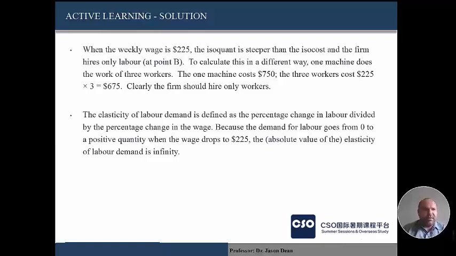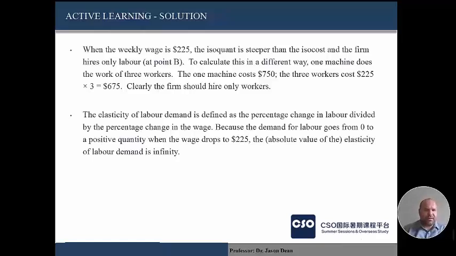So what did we have here? We can calculate a percentage change in the wage, but in terms of the percentage change in the amount of labor, the demand for labor goes from 0 to a positive quantity when the wage drops to 225.